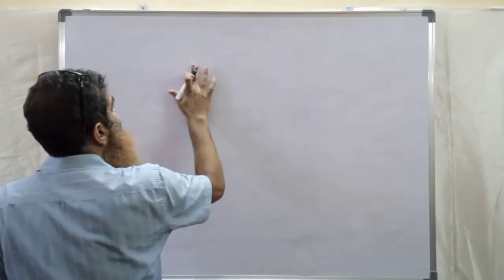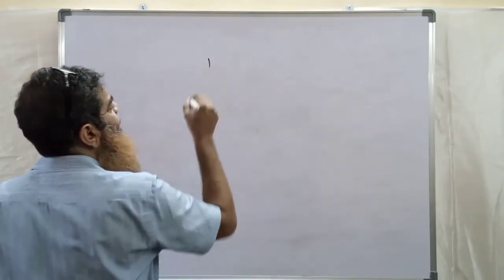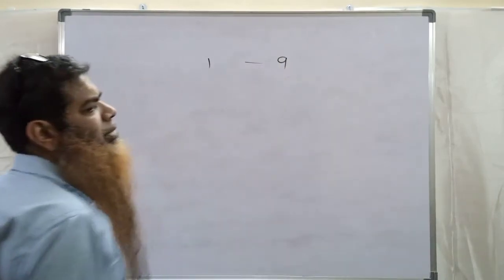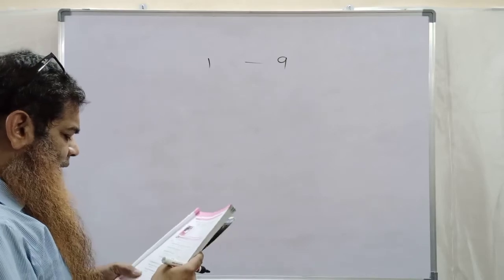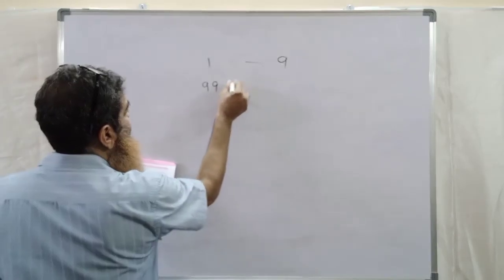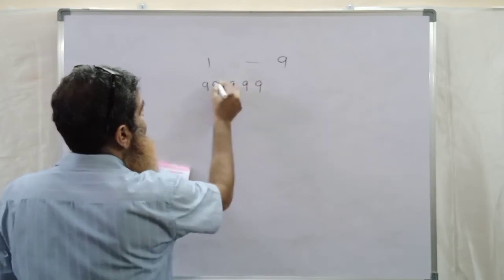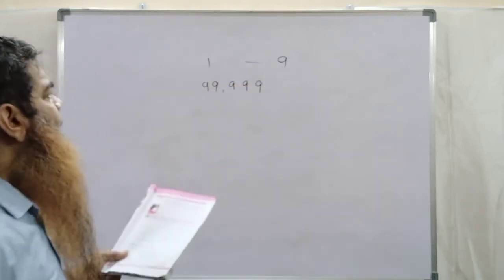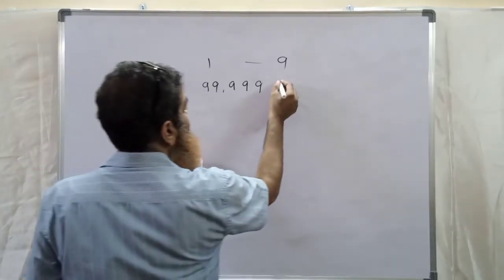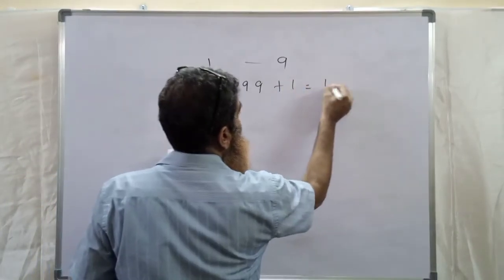So the smallest single digit number we take as 1, and the largest single digit number is 9. Similarly, the greatest 5-digit number is 99,999. All nines.